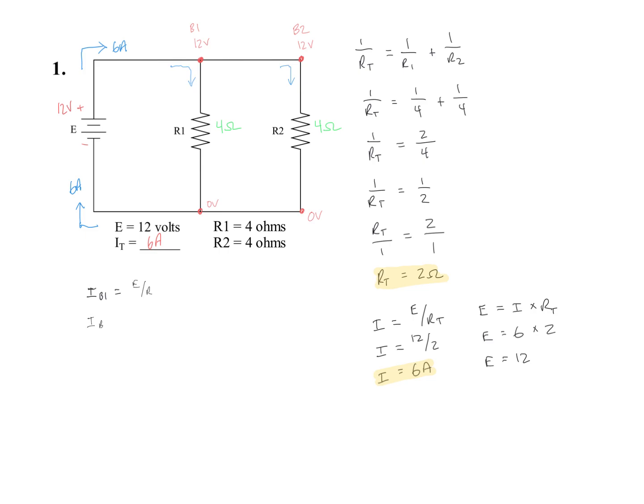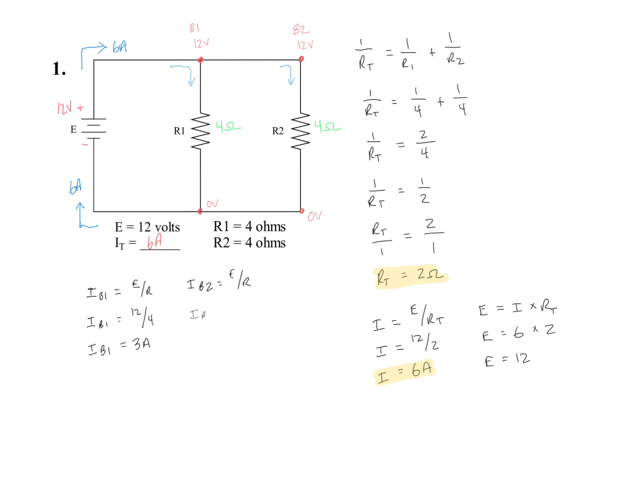And so voltage is 12, and then we divide it by 4. And so I1 is equal to 3 amps. And we can do the same thing for branch 2 here. Just like this, it's the same exact numbers.